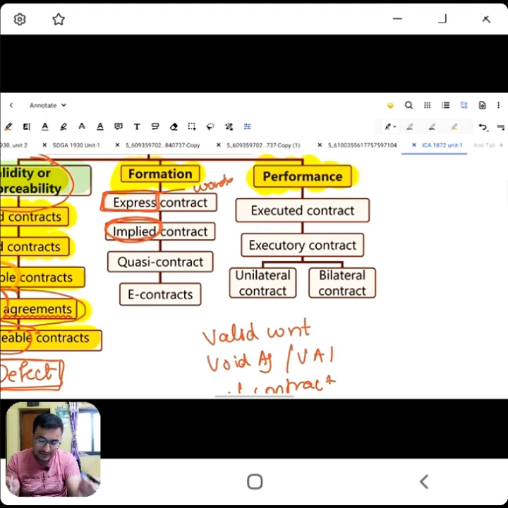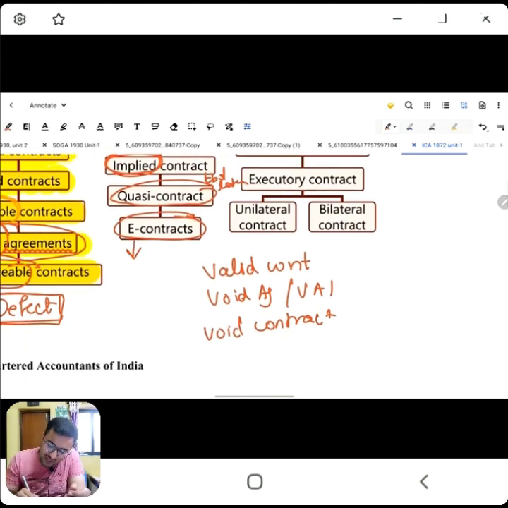Are we following this? Express is where you speak words, you write words, those are express contracts. Implied is where there are no words involved, but just by way of actions, by way of conduct, we enter into contract. Quasi contract, this we will discuss later. And e-contracts are those contracts which are entered through electronic modes, right?